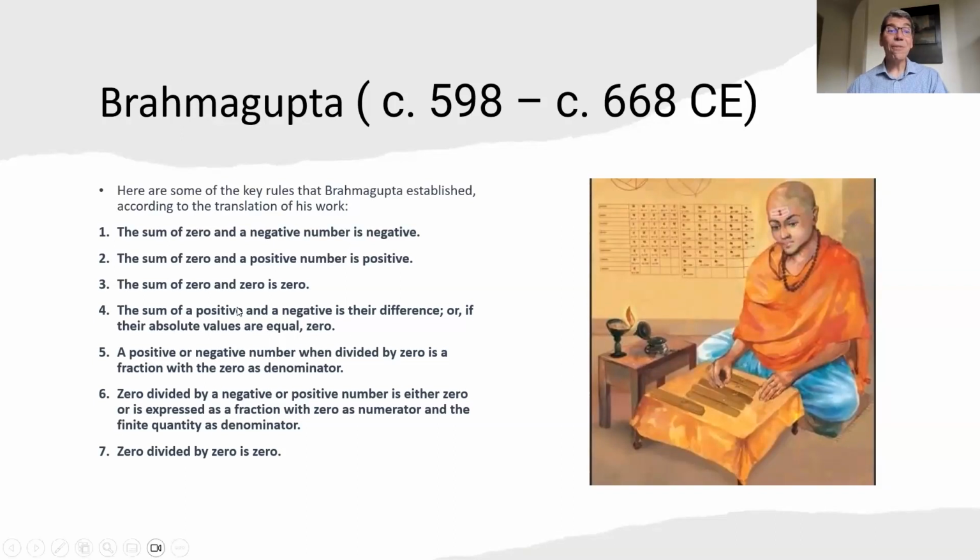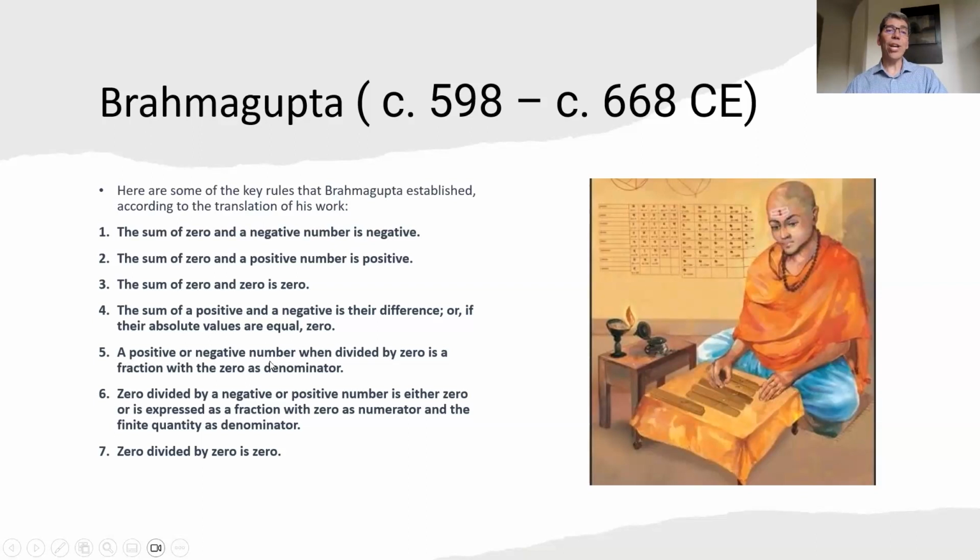So if you have a positive and a negative number, the sum of those two is the difference of those two numbers. Or if their absolute values are equal, then the sum is 0. So if you have +6 minus 6, then we have 0.